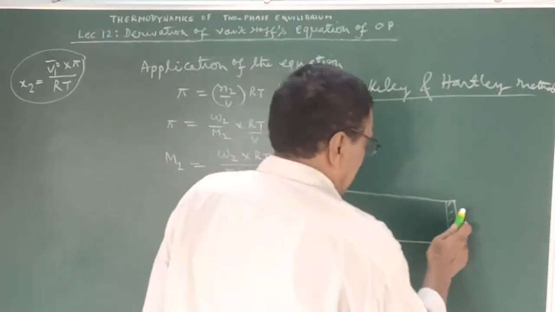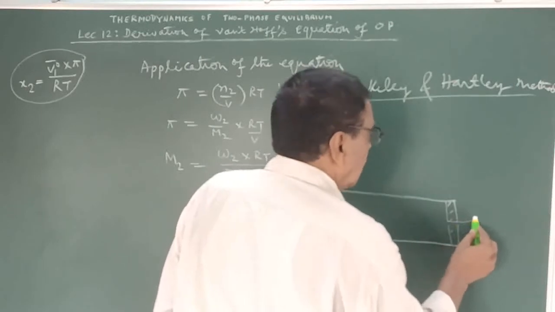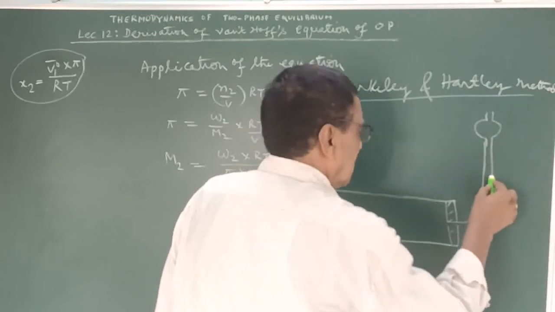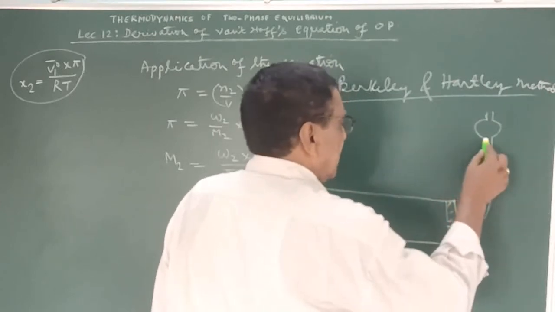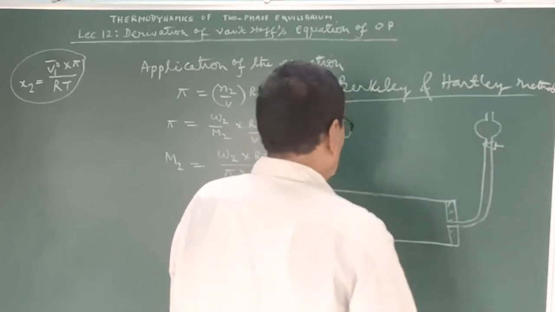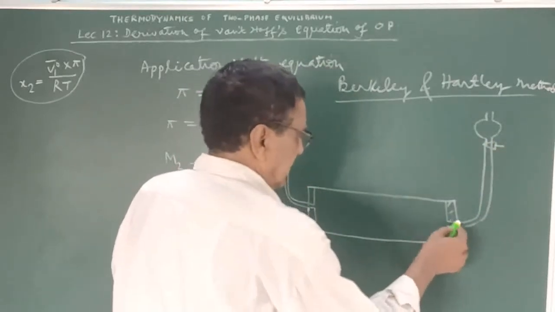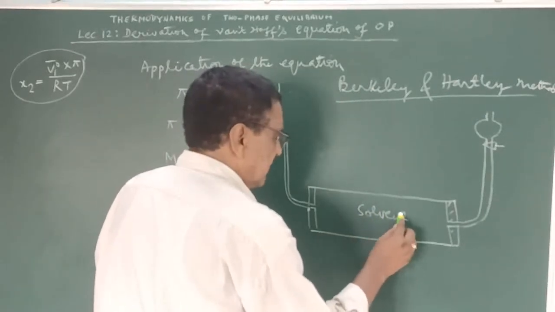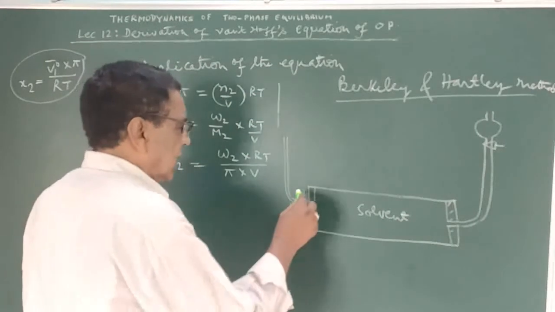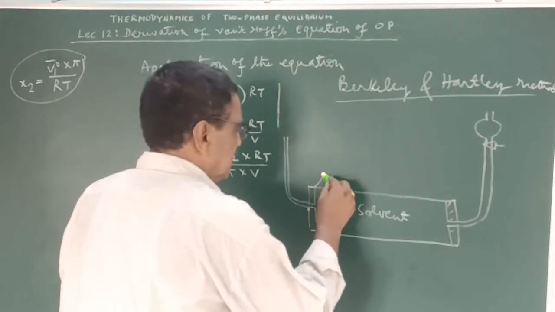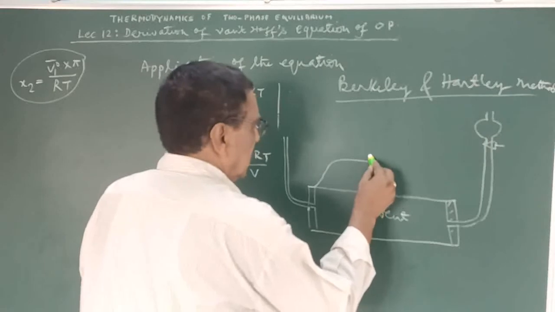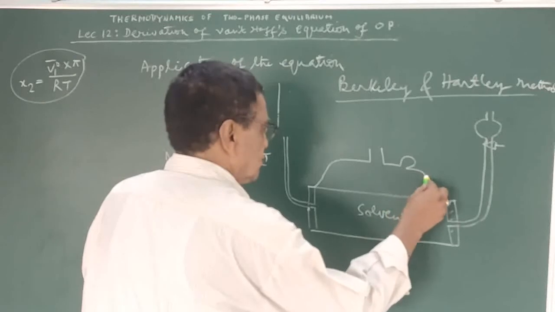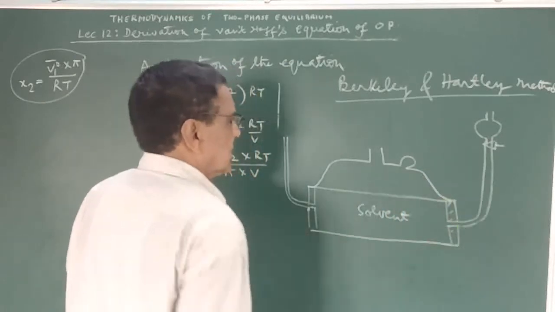So here actually one thistle funnel is added in order to enter the solutions. Here it is pure solvent, and there is the outer gunmetal cylinder, and in this case it is the piston. Here is the pressure gauge, and it is tightly sealed.